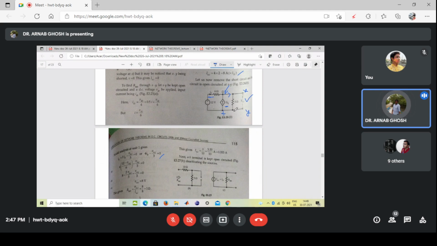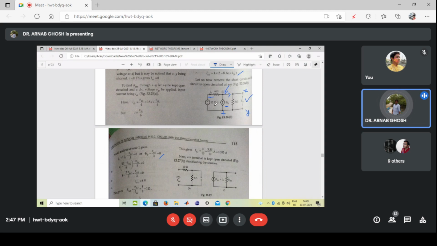The voltage at this and at this is equal to 0, and this node has the voltage VOC. If VOC is the voltage applied across X and Y, then both these nodes will have the same voltage. So I0 will be 12 minus VOC by 6.